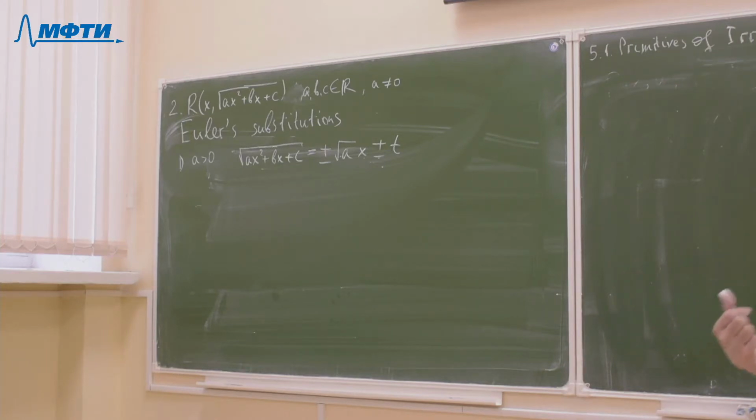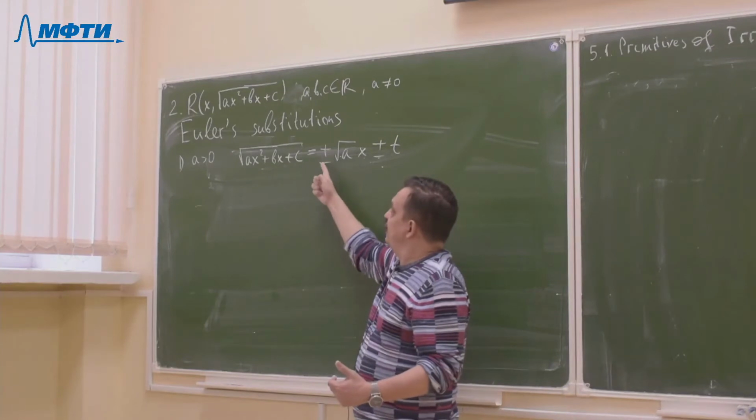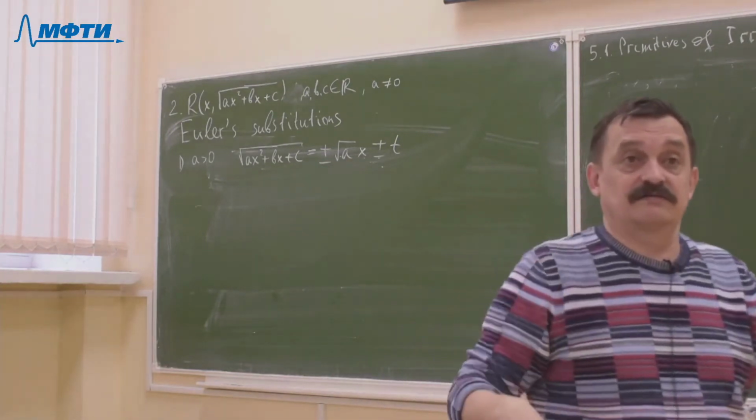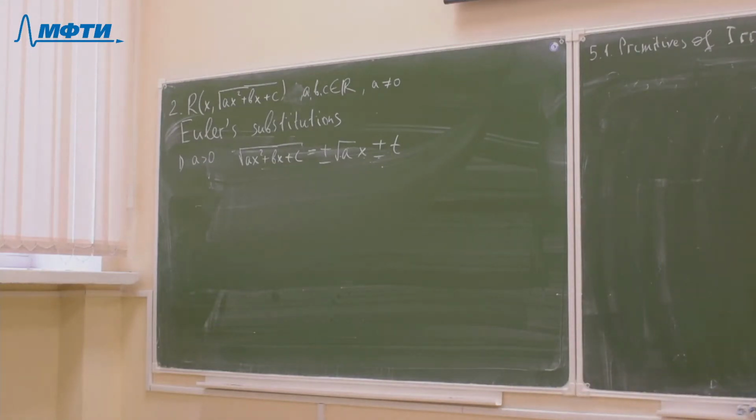So both x and t are connected. You can choose any combination of signs, plus or minus. So in principle, here I wrote 4 different substitutions, right? And you can choose any of them, in fact.